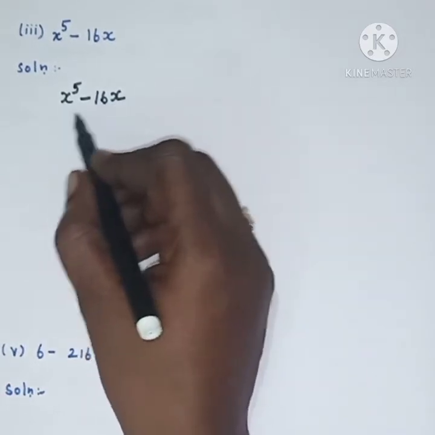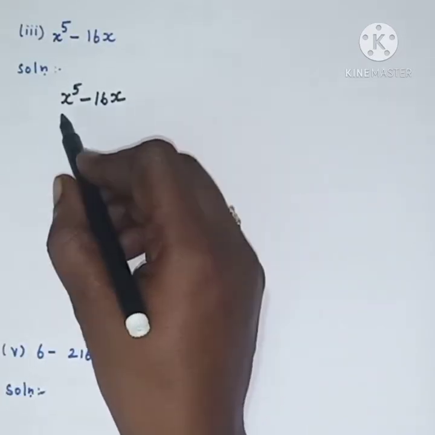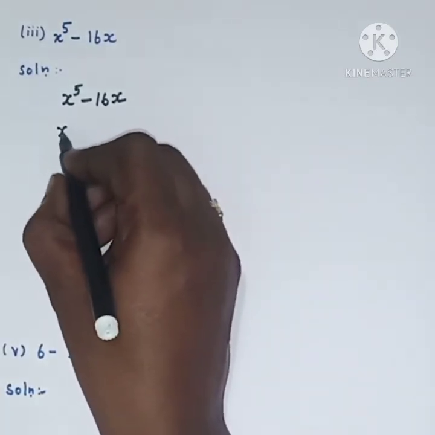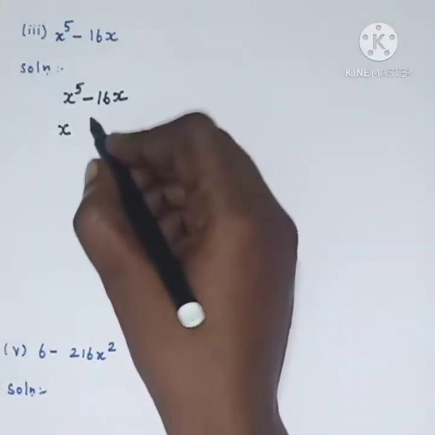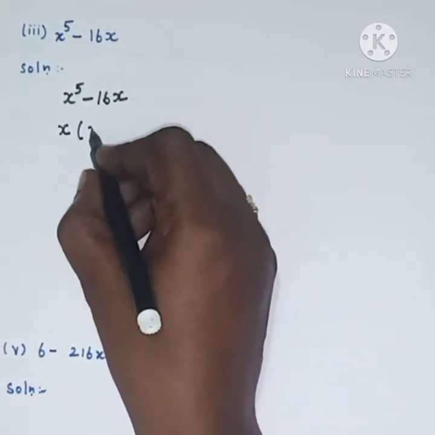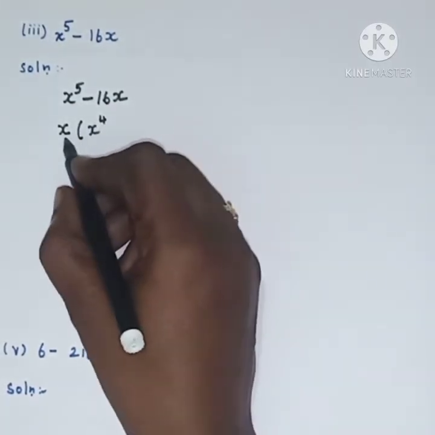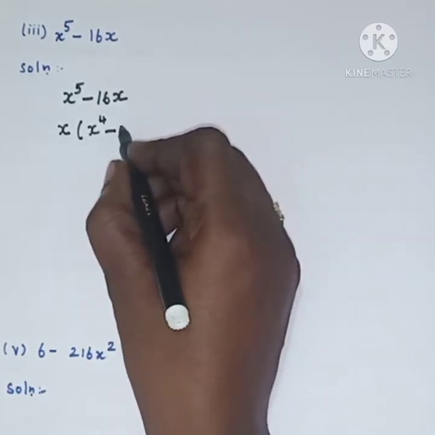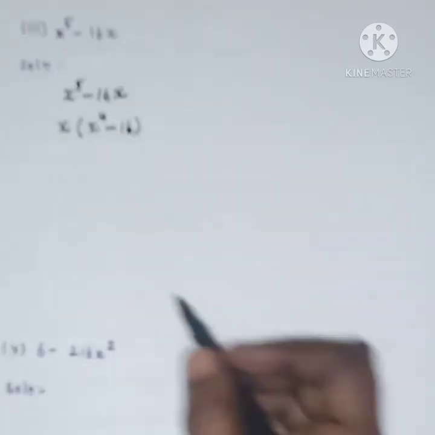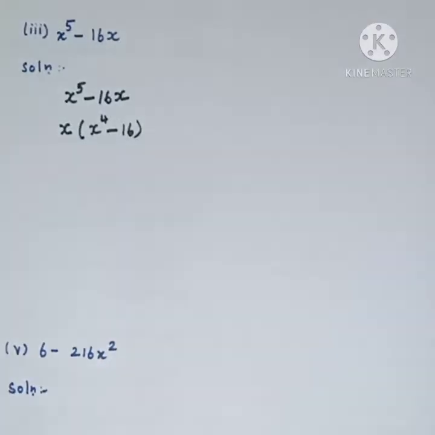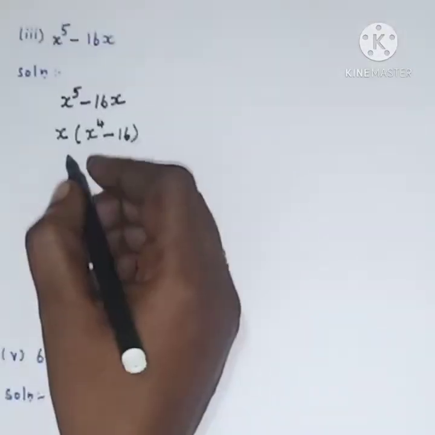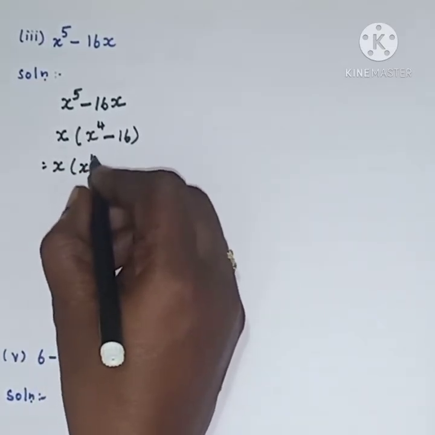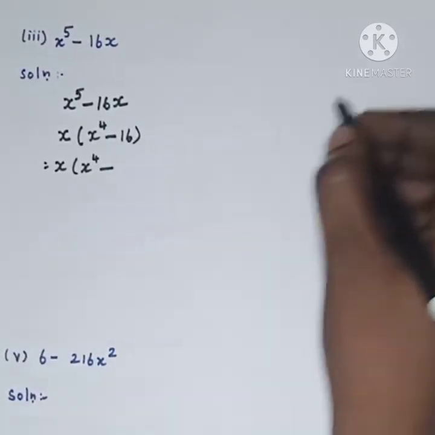The common variable is x. So take that x outside and the remaining is x power 4. So x into x power 4 is x power 5, minus 16, since x into 16 is 16x. Now this is equal to x into x power 4 minus 16.